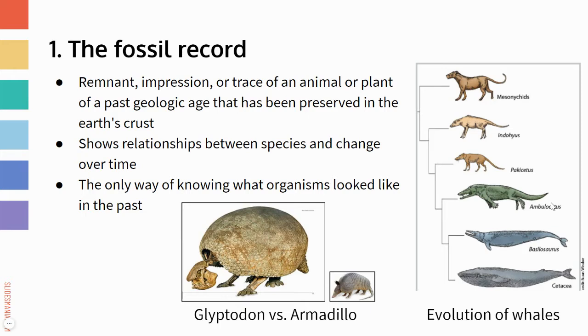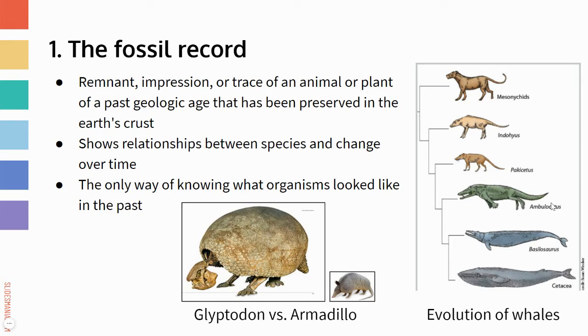So the first thing that we're going to talk about is the fossil record. And I think when people think of fossils, the idea that comes to mind is a grand, complete skeleton of maybe something like a dinosaur in a museum. But the fossil record can include things that are way, way less grandiose than that.